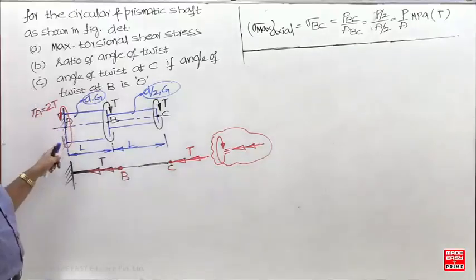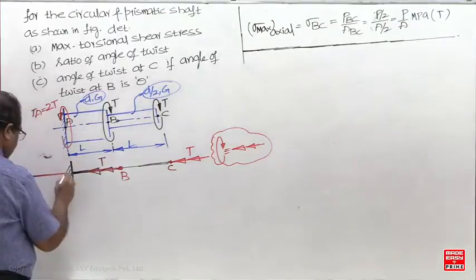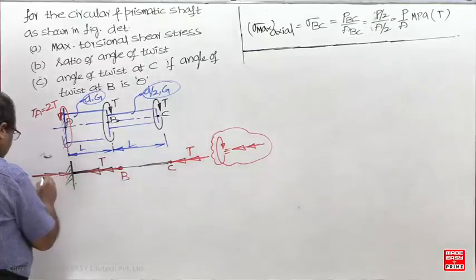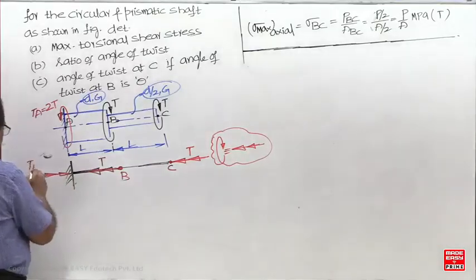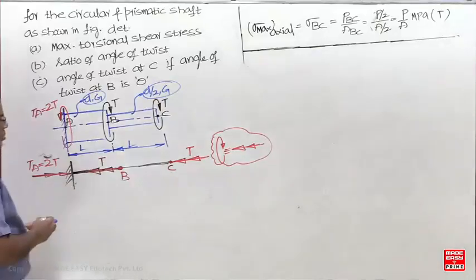And this is anti-clockwise. Anti-clockwise means towards the right side. That's all.